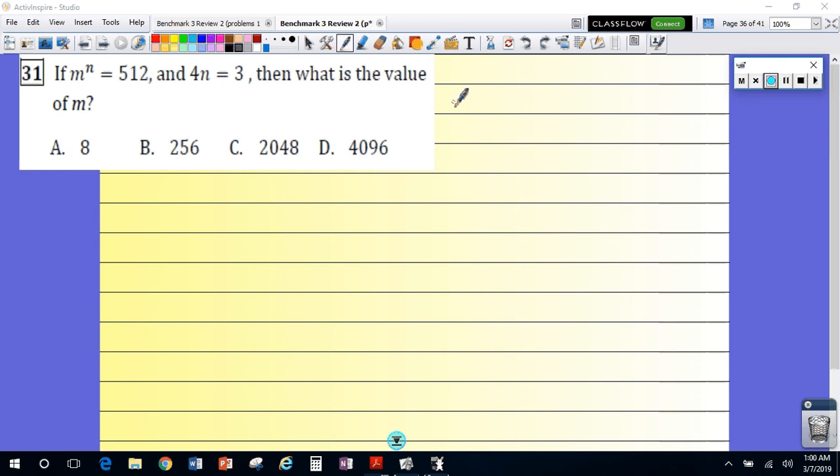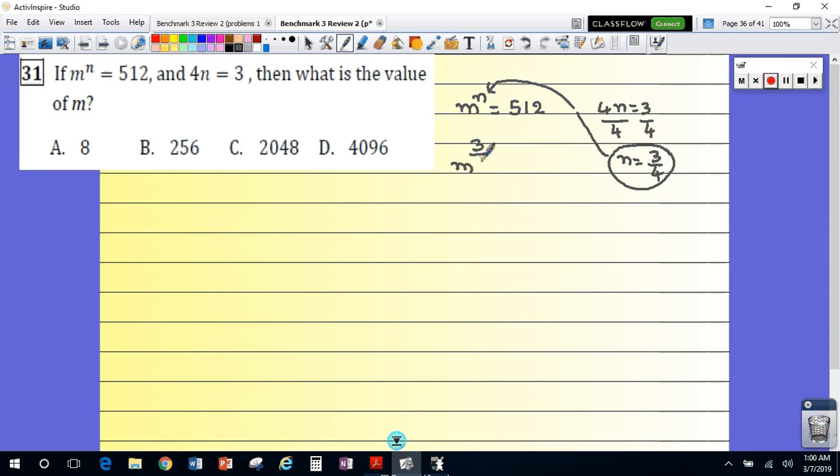So problem number 31 gave you two equations here. M to the exponent n equals 512 and 4n equals 3. First let me find n here, divide by 4. So n equals 3 over 4. So substitute this value in the place of n.